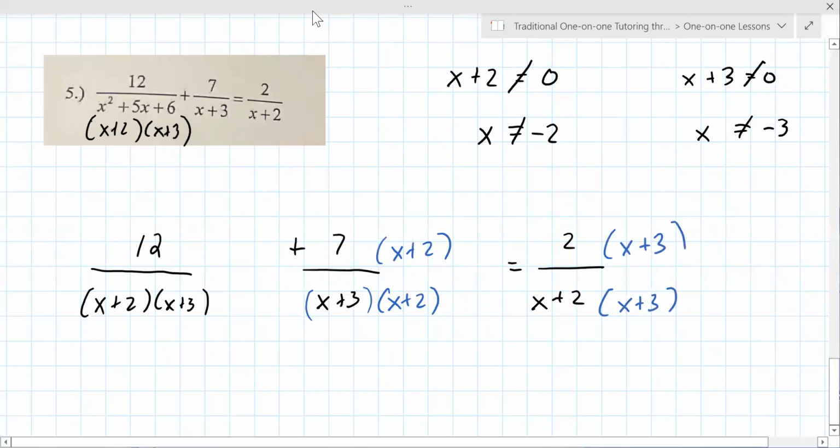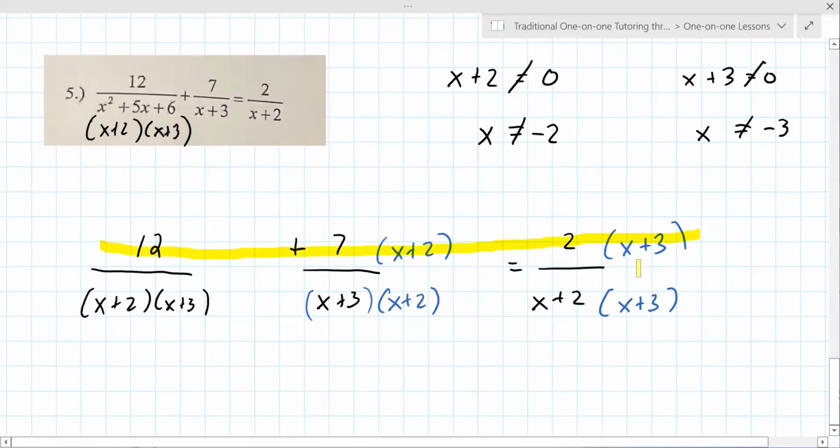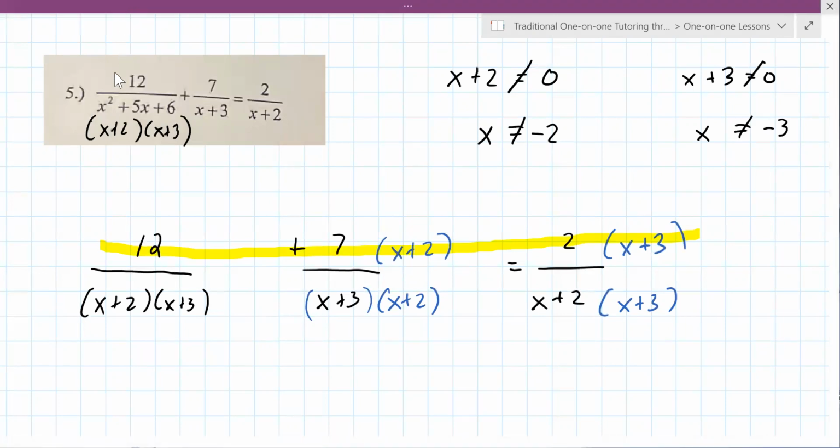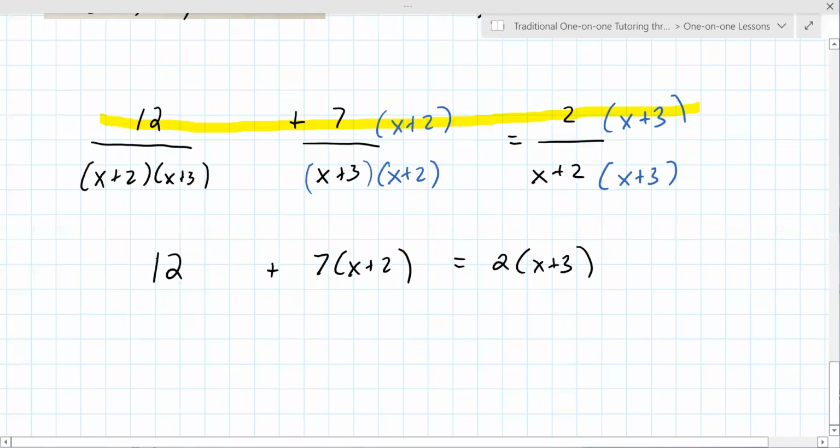And again, once you get the common denominator, you don't need to rewrite the bottom, because you've already handled it with this domain restriction. Okay, so it becomes 12 plus 7 times x plus 2 equals 2 times x plus 3. You can distribute in here: 12 plus 7x plus 14 equals 2x plus 6.